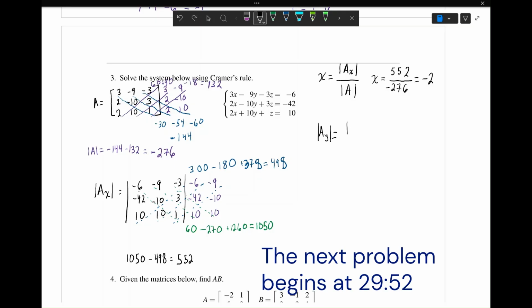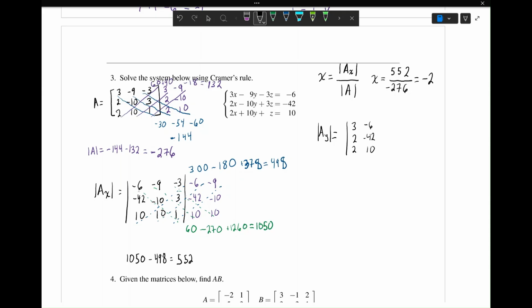So I'm going to replace the y column with the output column. I'll reproduce the first two columns.